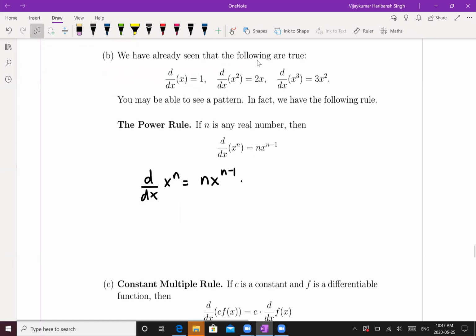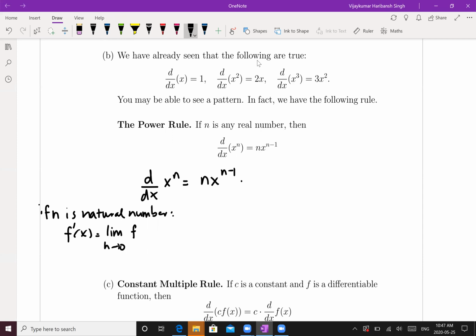You can see the proof of this easily when n is a natural number. If n is a natural number, the proof is rather easy. Then you have f prime x equals the limit as h goes to 0 of f of x plus h minus f of x over h.